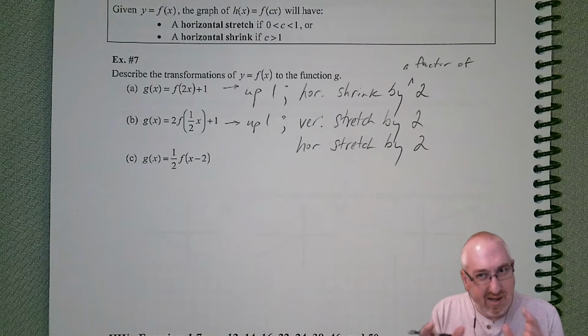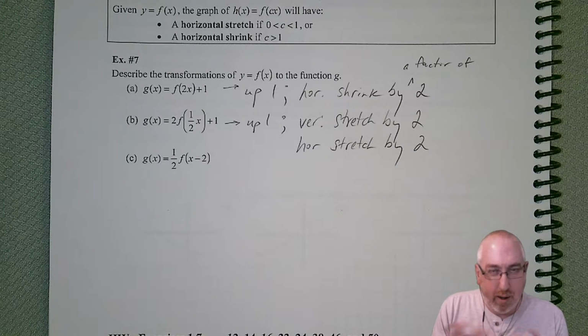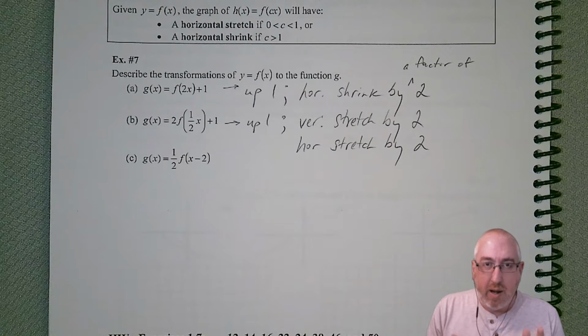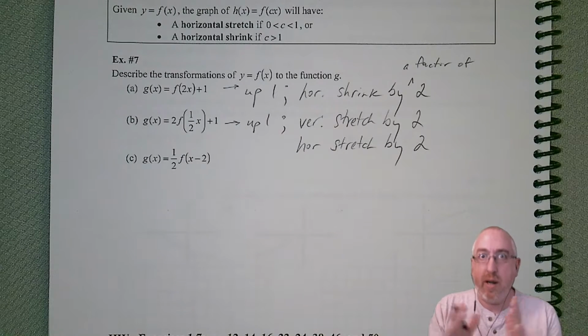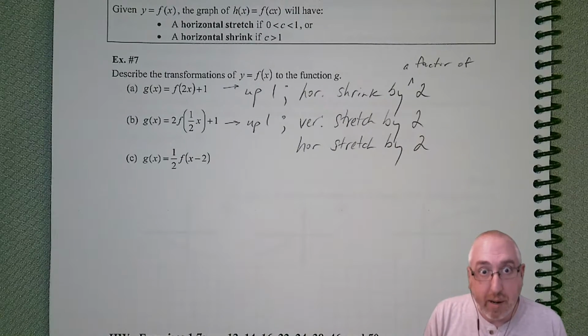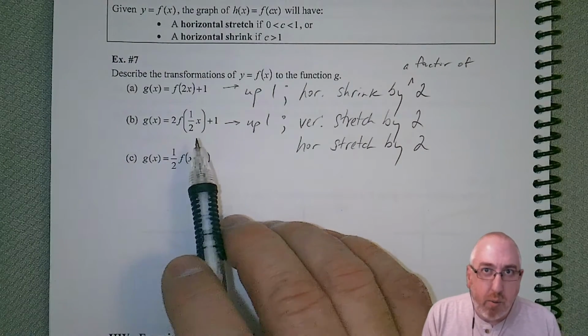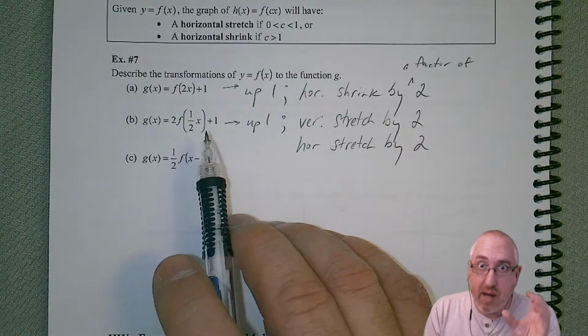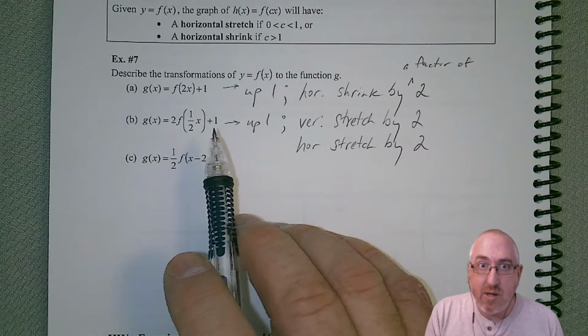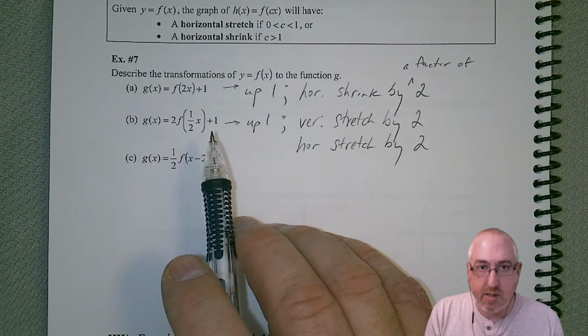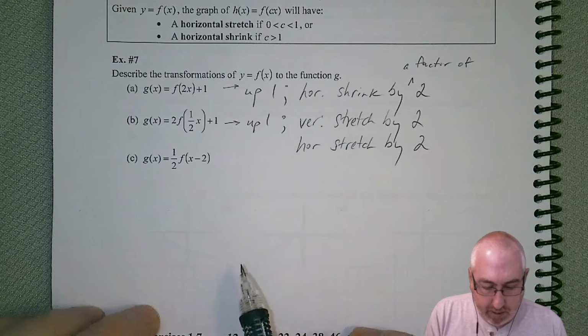That's why it gets a little bit funky in the way you can word it. But just keep in mind that it's distorting it horizontally. That's the big thing. And you can plot some points if you had a specific example, just to see that change, even if it's something simple.